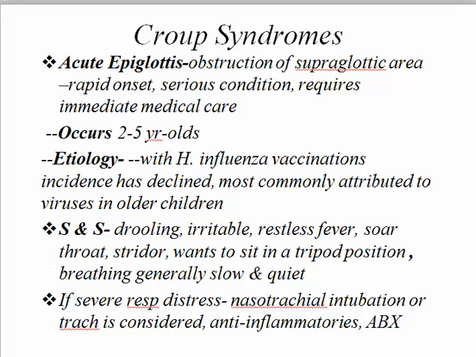The cause is generally Haemophilus influenzae. With the Haemophilus influenzae vaccinations, the incidence has really declined, but it's most commonly attributed to viruses in older children. Some of the major symptoms are drooling, agitation, and fever.